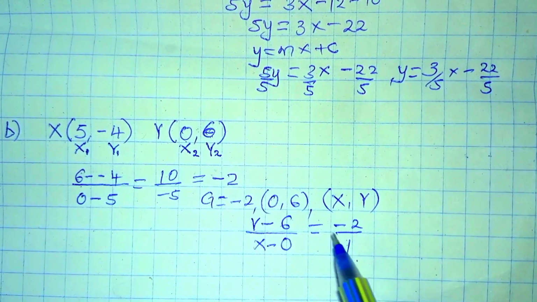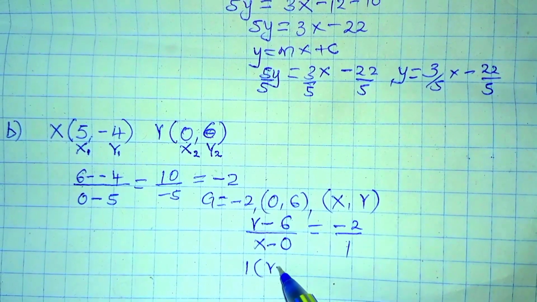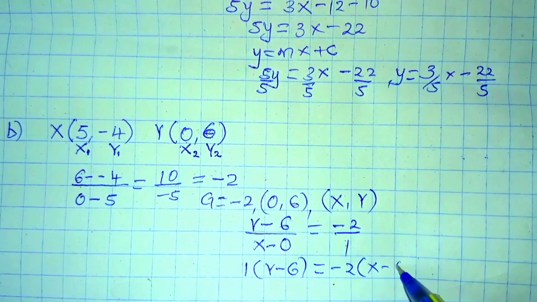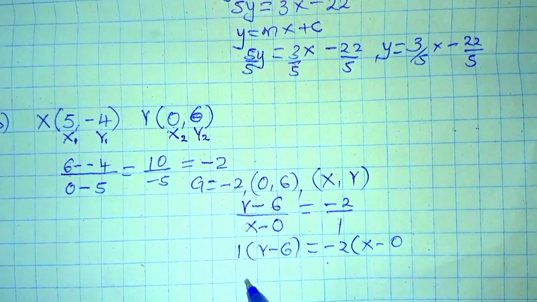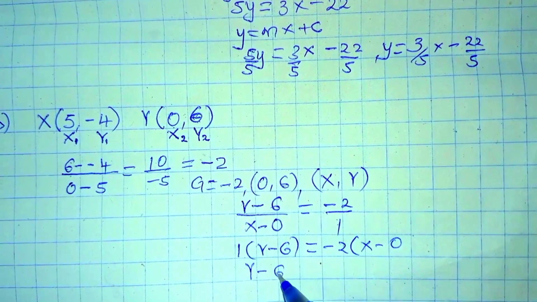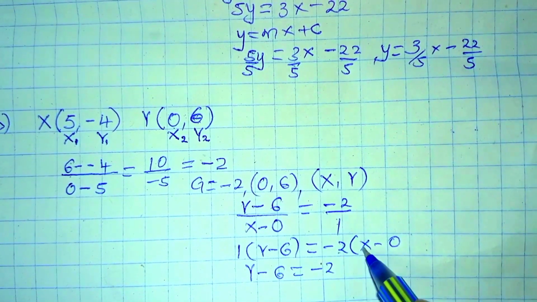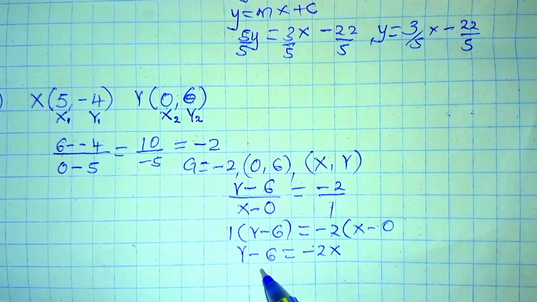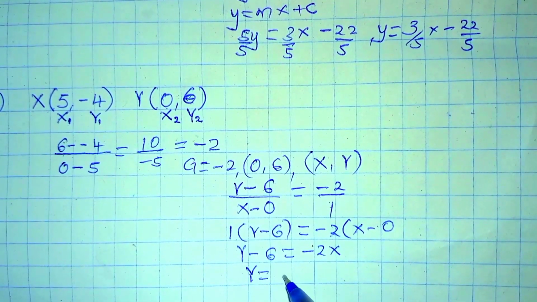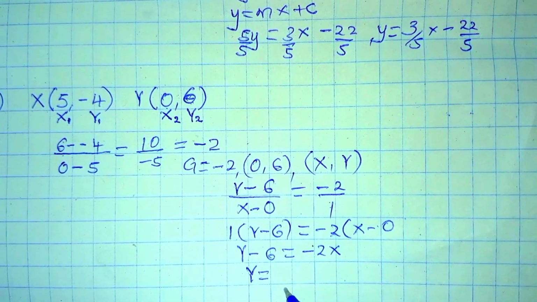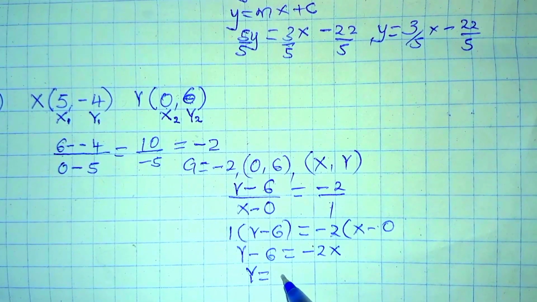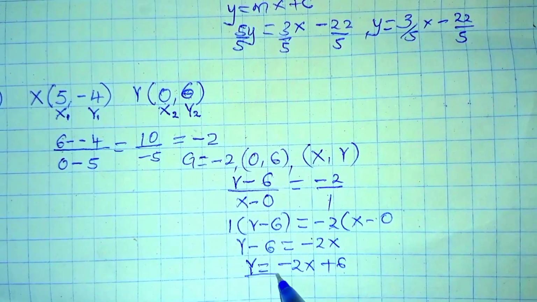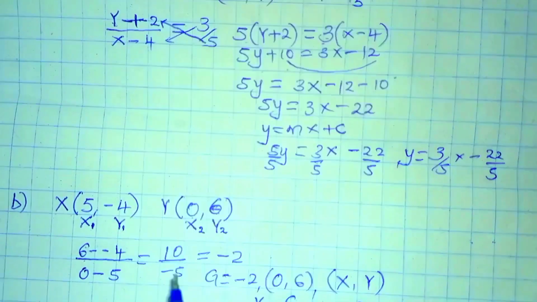You can cross multiply: 1 multiplies y minus 6, negative 2 multiplies x minus 0. So y minus 6 is equal to negative 2x. Taking this 6 to the other side, y is equal to negative 2x plus 6. And that's the equation of this line.